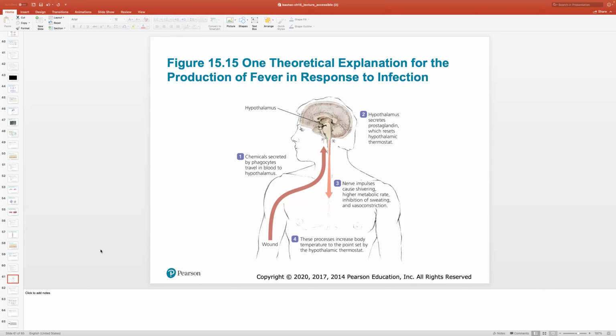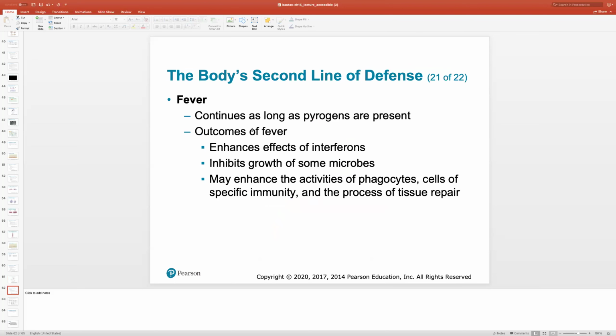And so why is this useful? Well, it enhances the effect of the interferons, and inhibits the growth of some microbes, raises the temperature, and there's always that sweet spot where they can grow. And it might enhance the activities of the phagocytes, the cells of the specific immunity, and some tissue repair.